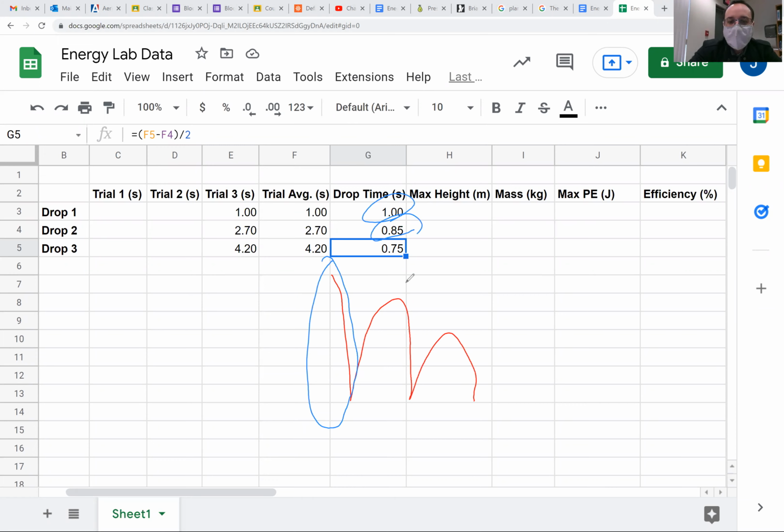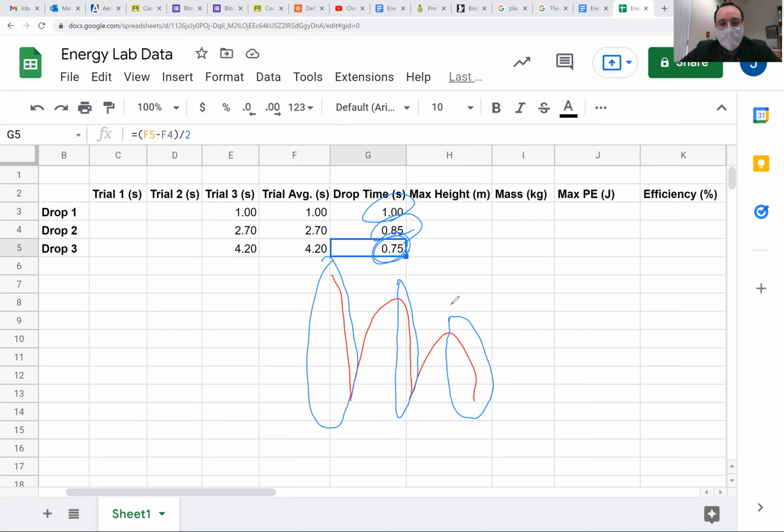Our second drop time gives us this amount of time from the peak of the first bounce to the beginning of the second bounce. And then our third drop time gives us the amount of time from the peak of the second bounce to the beginning of the third bounce, all right?